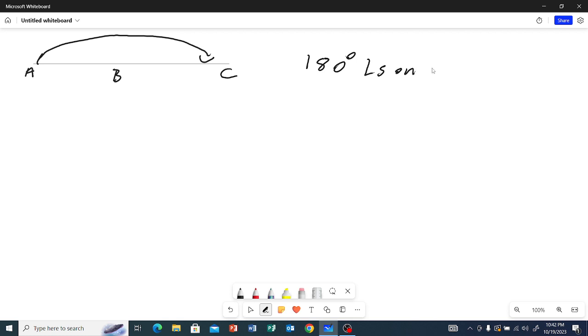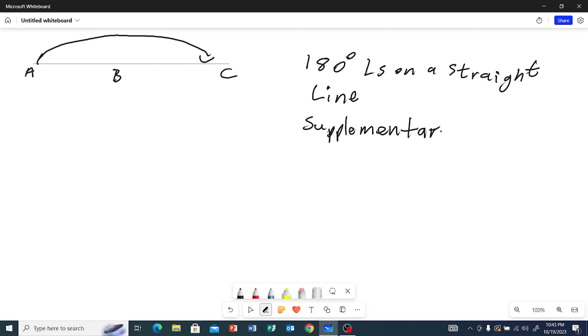Angles on a straight line. Others use the word supplementary angles.